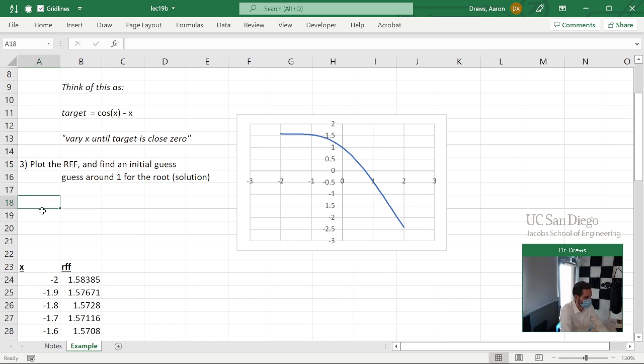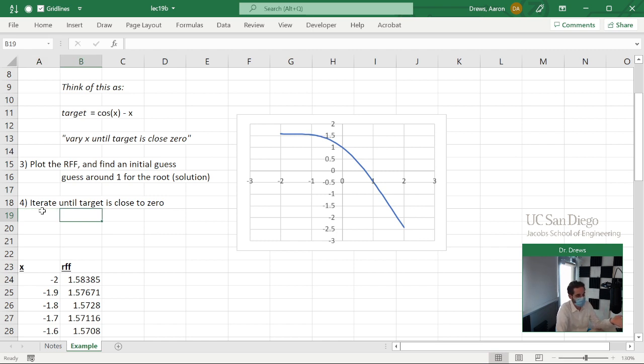Again, we can be pretty weak with our guessing game on there, and the algorithms will help us out. The last part is iterate, or second to last part, I should say. Iterate until target is close to 0.